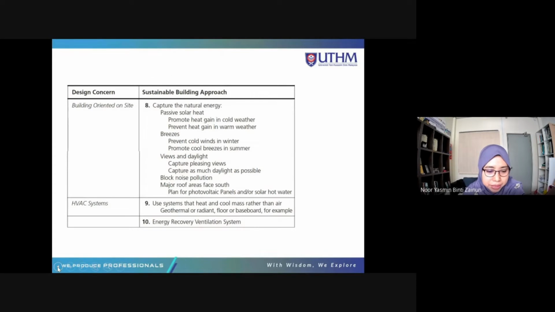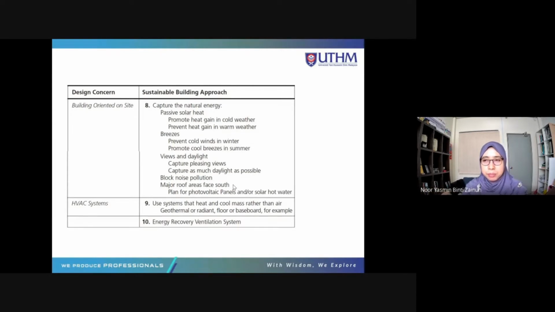For building orientation on site, the sustainable approach can be done by capturing natural energy, for passive solar heat, breezes, views and daylight, blocking noise pollution, and orienting the major roof area to face south. Okay, so that means we can have a green roof.